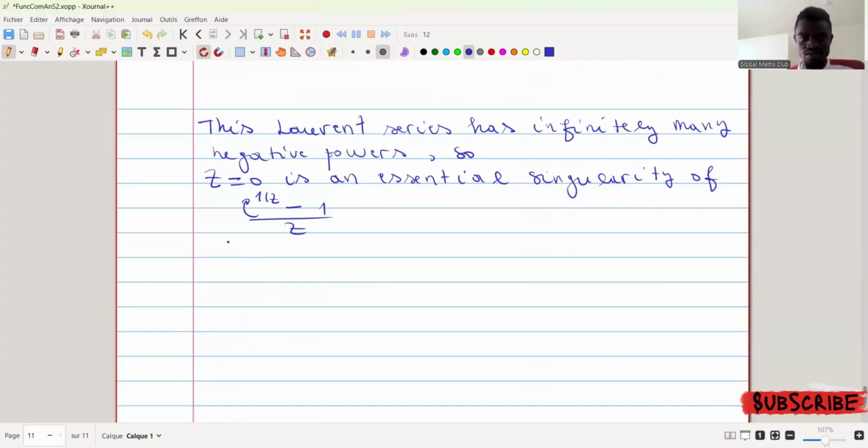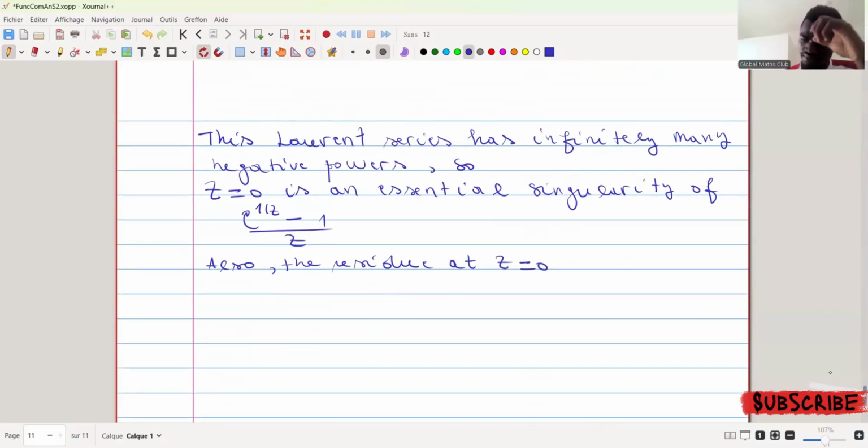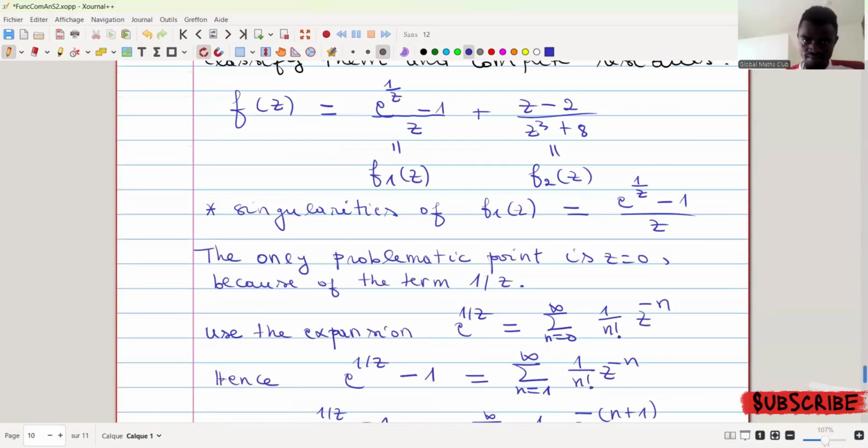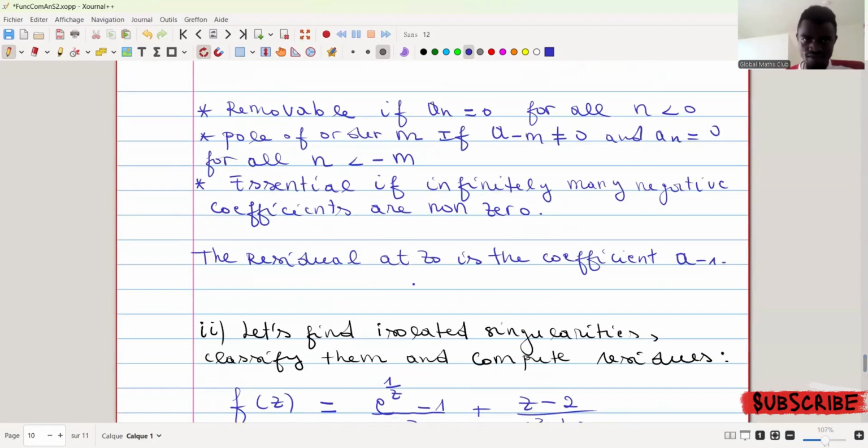Now, also, the residue. So this one is related to this.